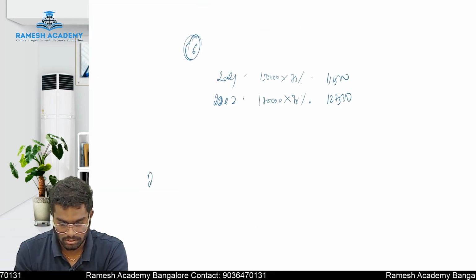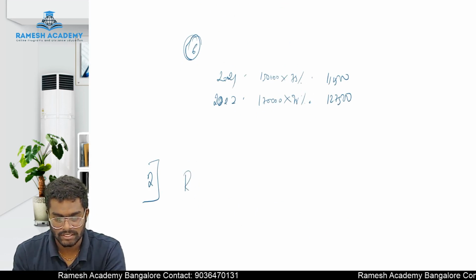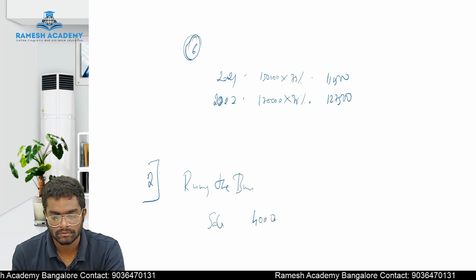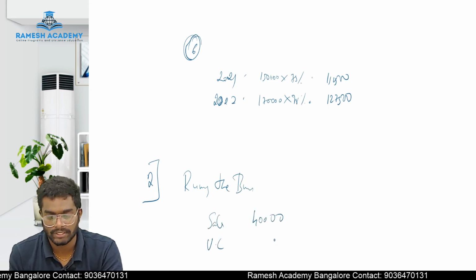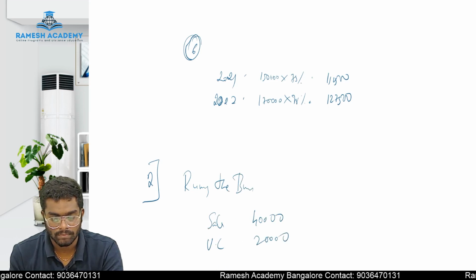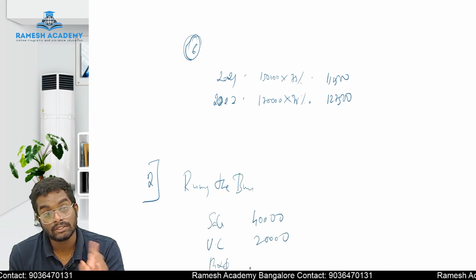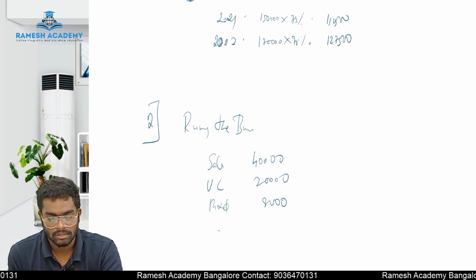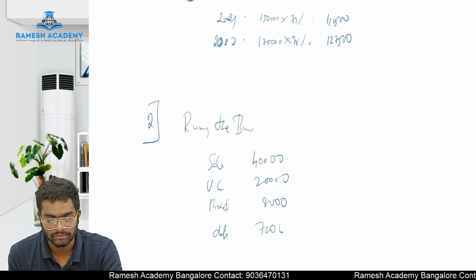So second one. If you are running the business, my sales is 40,000, my variable cost is 20,000, my fixed cost including depreciation, so I'll make it two things: fixed cost and depreciation 7,000.